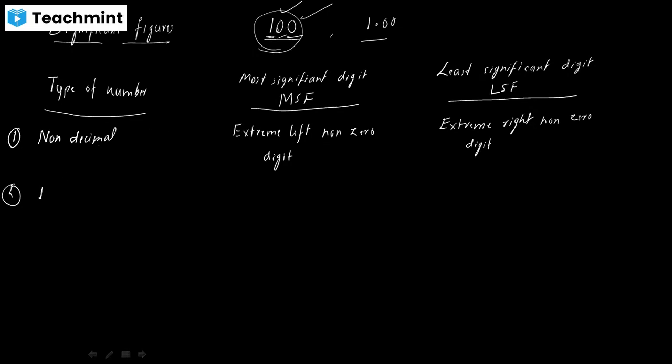Let us go for the decimal number case. In a decimal number also, the most significant is the same as that of the previous one, that is extreme left non-zero digit.